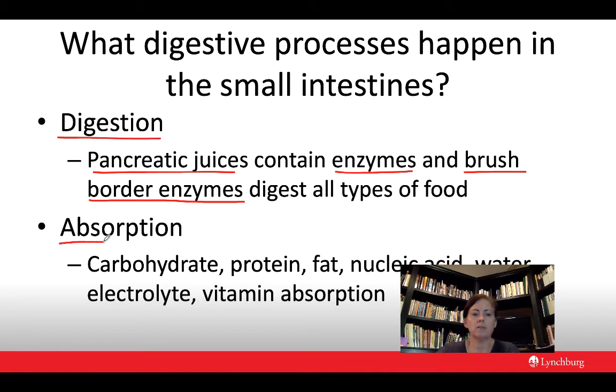We also have absorption happening here: carbs, proteins and fat, and we're reabsorbing water. All of those processes are happening in the small intestines. This is where most of the absorption of all our nutrients happens.